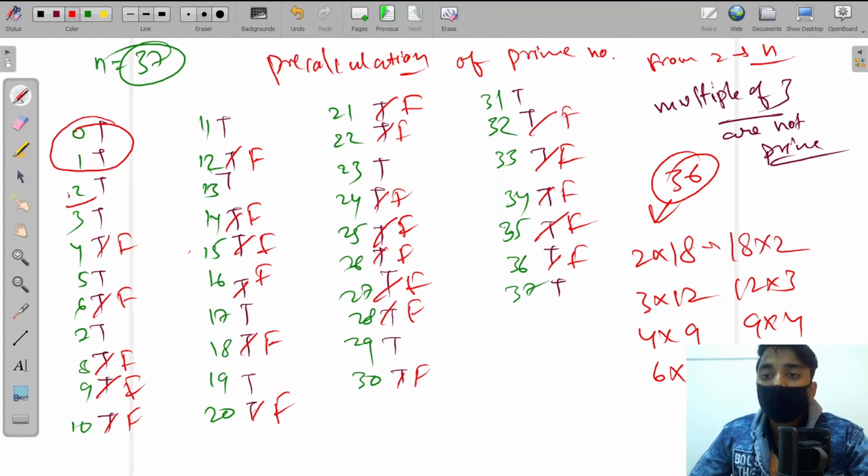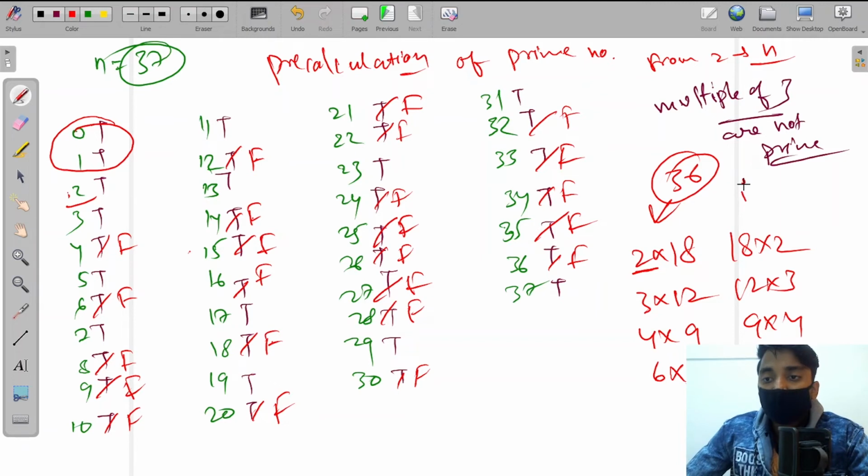So we do not need to check again for 18 if 2 is already checked. If 2 can divide 36, this means 18 can also divide 36. If 2 cannot divide 36, this means 18 also cannot divide 36.